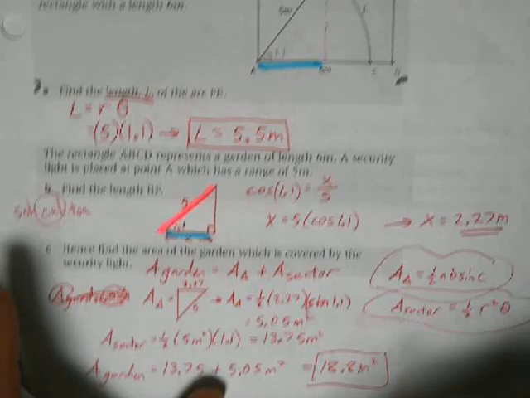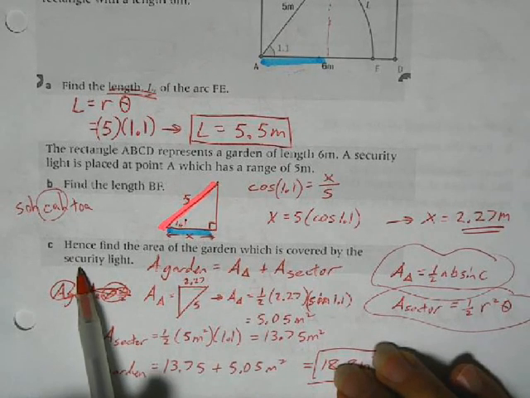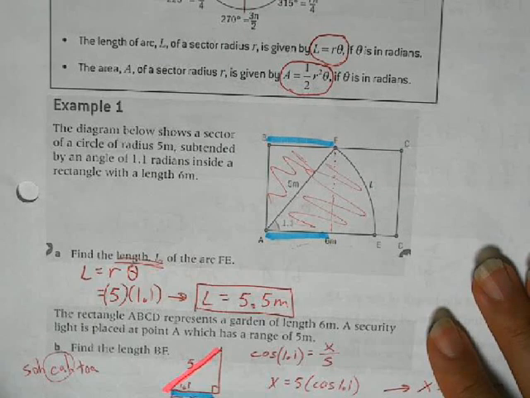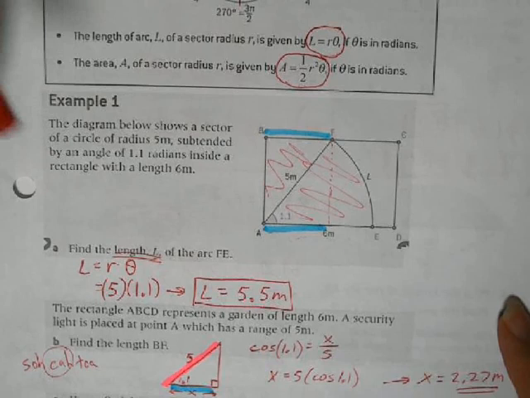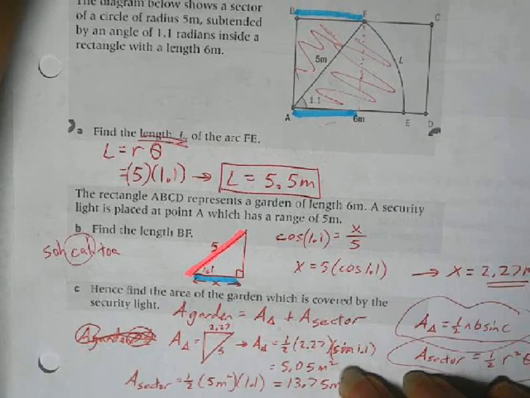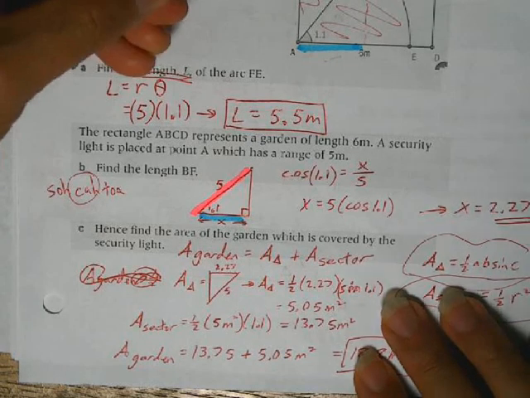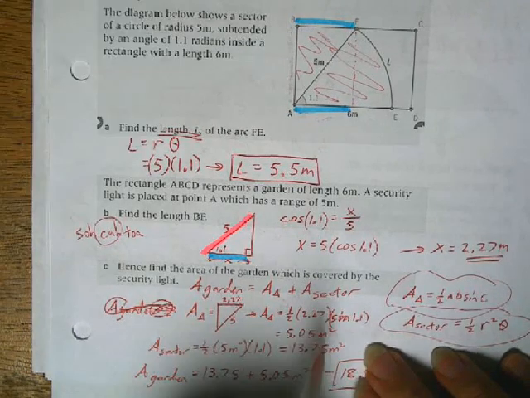Okay, now find the area of the garden which is covered by the security light. So the area of the garden which is covered by the security light is this area here and this whole area here. So I need to find the area of this triangle. So to figure out this height here, let's zoom out a little bit, I could use sine of 1.1.